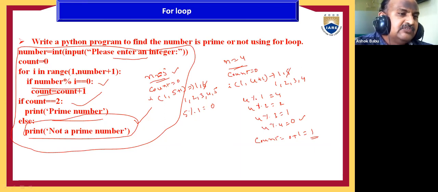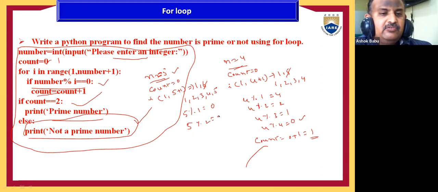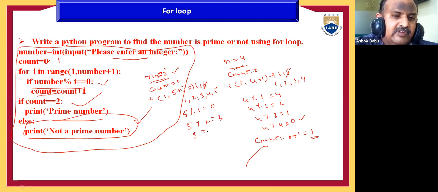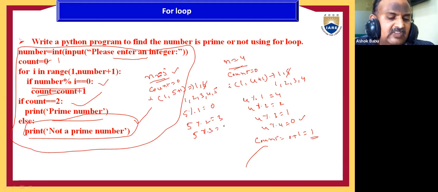The new count is 1. Next is 5 % 2, which equals 1, so the count has no change. Then 5 % 3 equals 2.